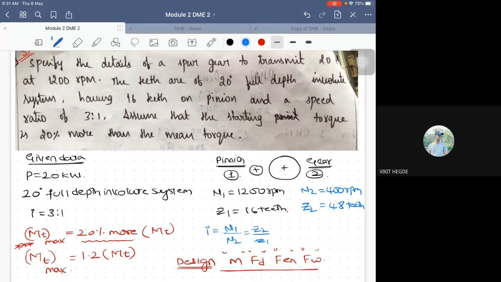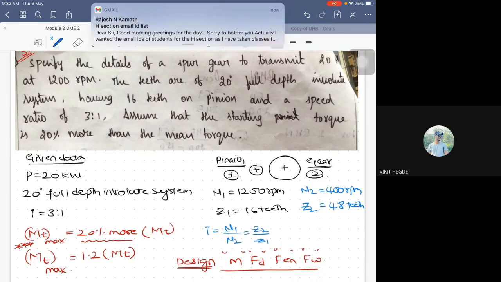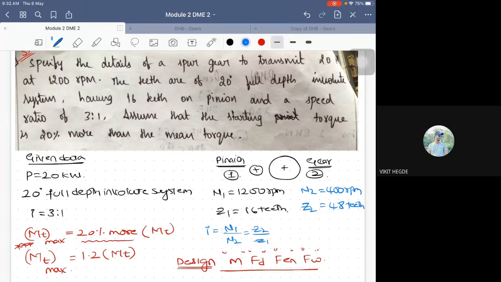And try to identify the weaker part, everyone. Let us see. Nice.